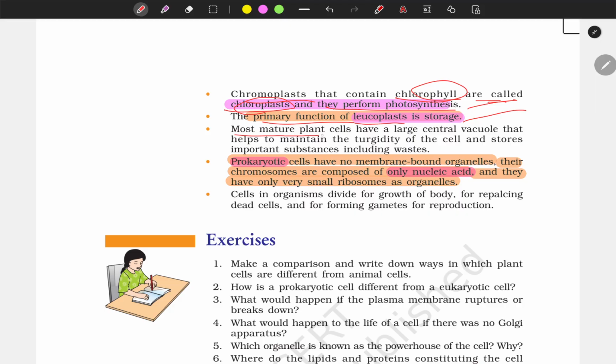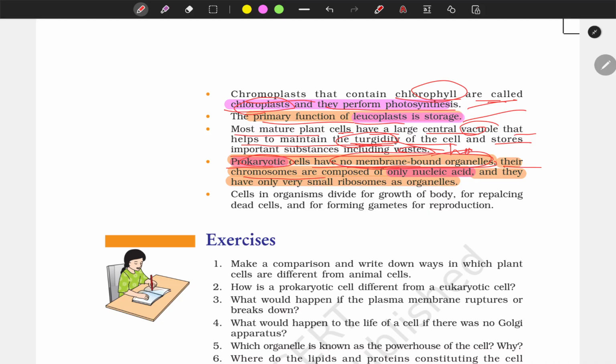Most mature plant cells have a large central vacuole that helps maintain turgidity, the hardness in a cell, and stores important substances including waste. Prokaryotic cells have no membrane-bound organelles.